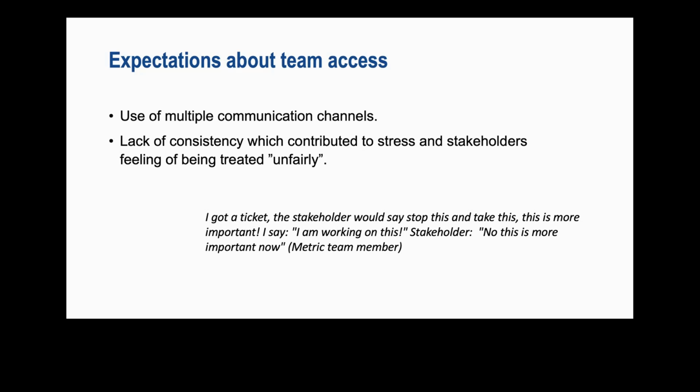However, and it was not only mentioned in Axis, but in other organizations we looked at, there is a lack of consistency in using those communication channels. So it means that one stakeholder can become prioritized by just coming to the team and asking, now I need you to do this task, and ignore that one.